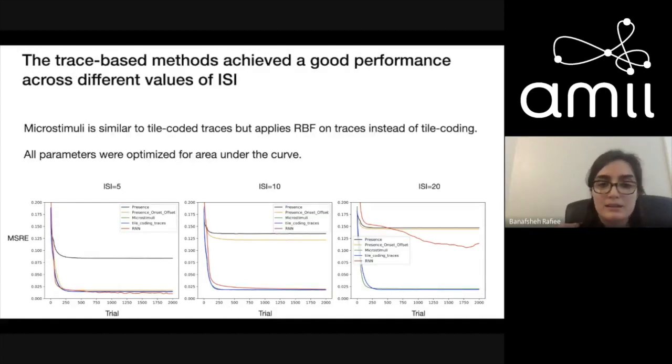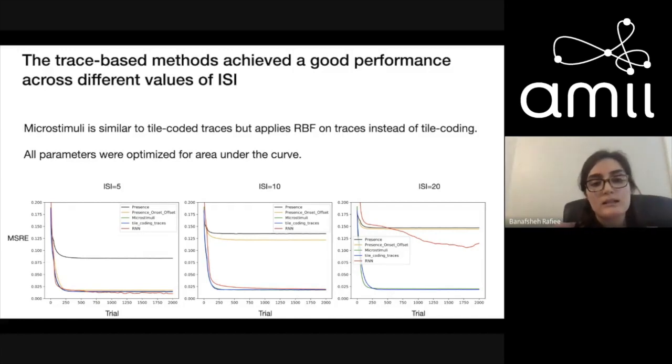Here I have the same experiment, but with 3 more baseline methods. One is the presence method, which I talked about before. One is presence onset offset, which has one feature per stimulus, but also one feature for the onset and one feature for the offset of each stimulus.